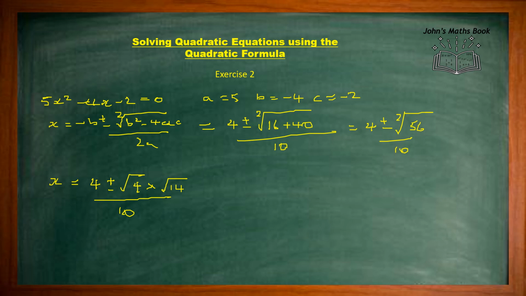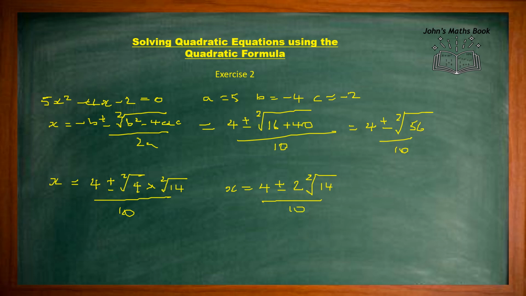So x is equal to 4 plus or minus, now the square root of 4 is 2, multiplied by the square root of 14, and that's all divided by 10.